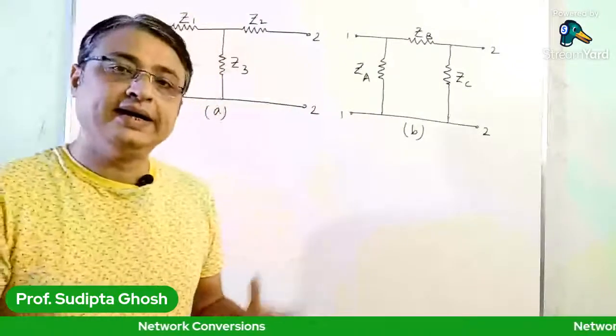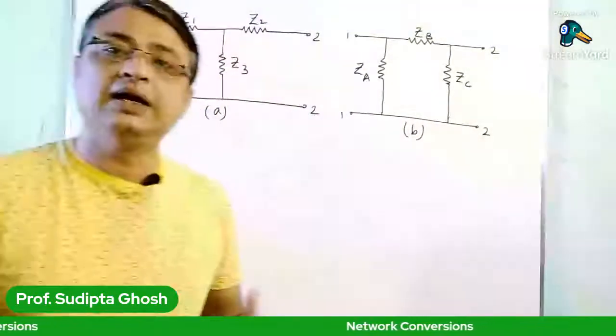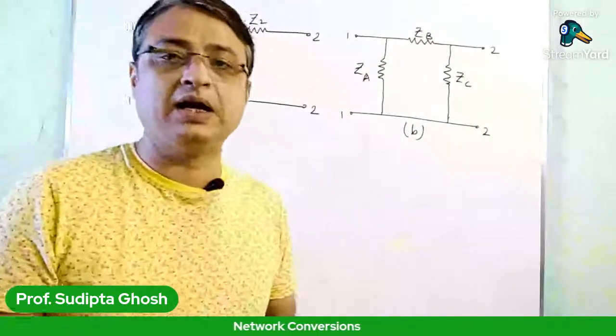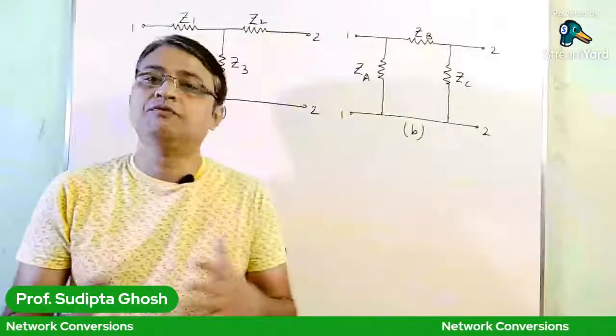Now we are going to derive the equations by which we can convert a T network into a pi network or vice versa.